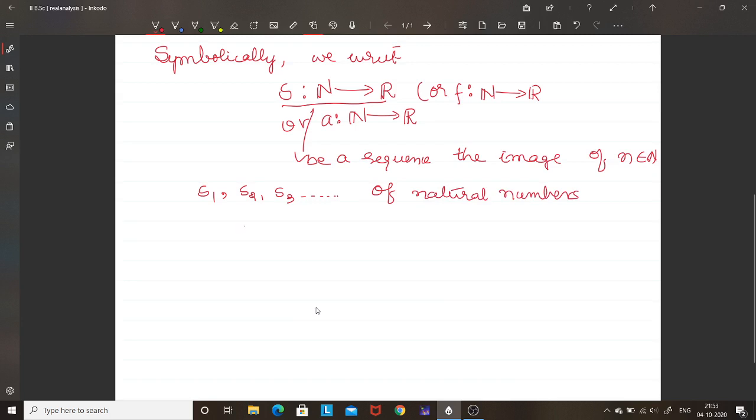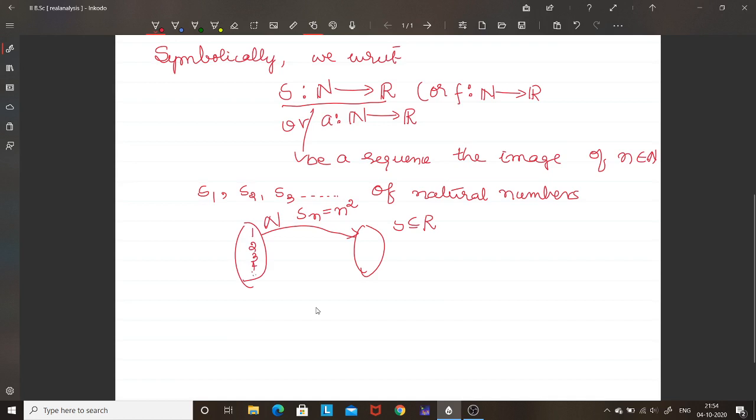This is a set of natural numbers, and this is your range set, which is a subset of R. So if you define Sn, let me take Sn as n square, your domain is 1, 2, 3, 4, and so on.